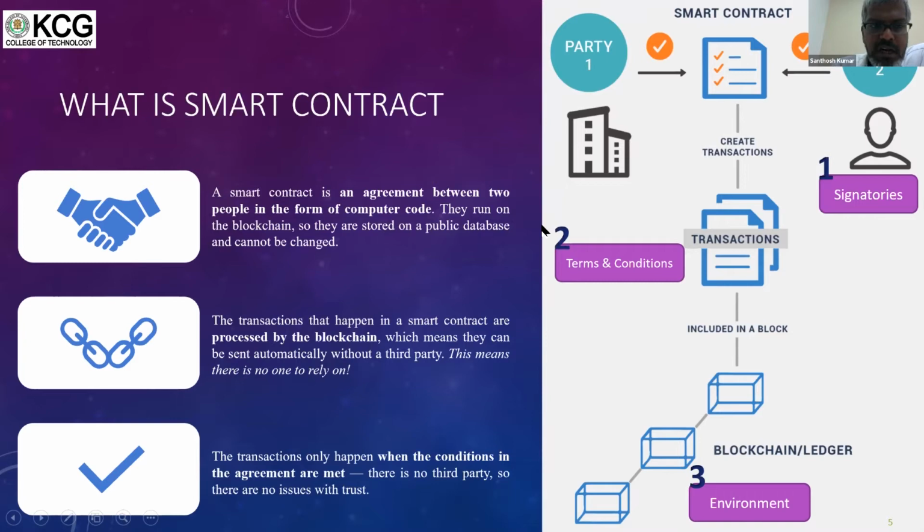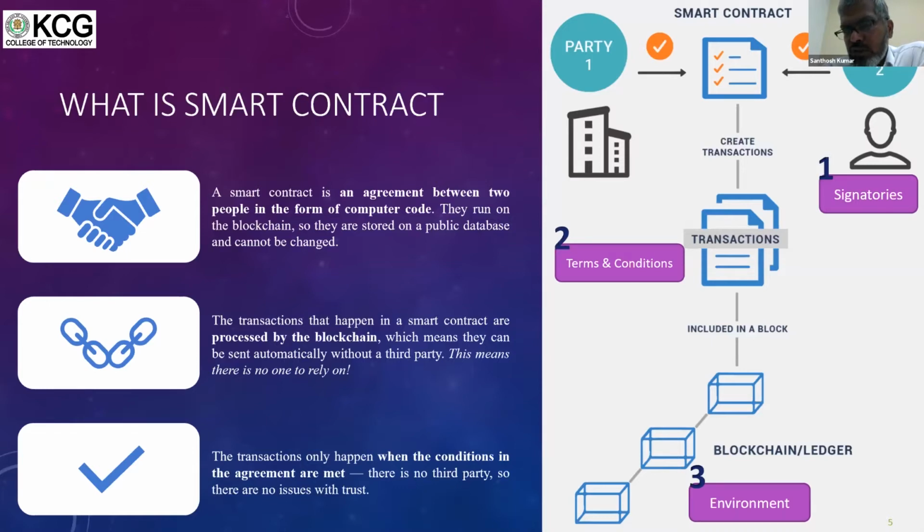So let's take a look at what a smart contract is all about. A smart contract is an agreement between two participating entities. It could be any type of agreement, and the terms and conditions could be different for different people, which would be defined as a program or an executable code.